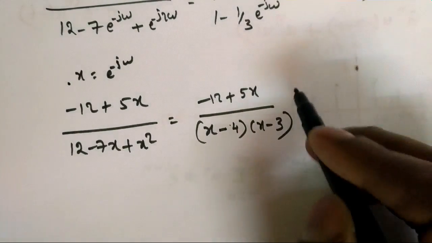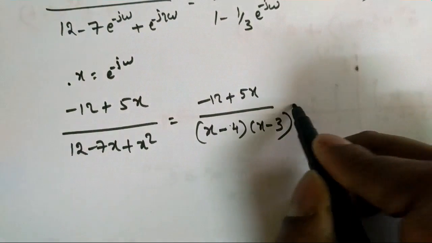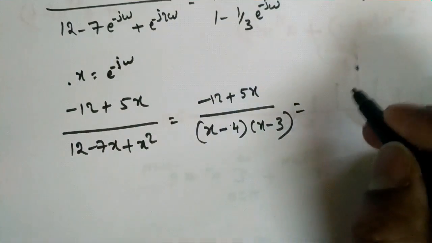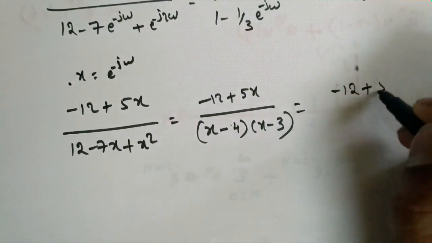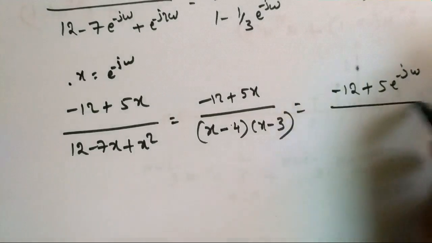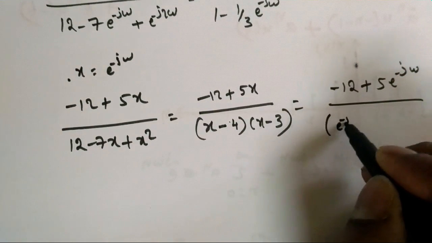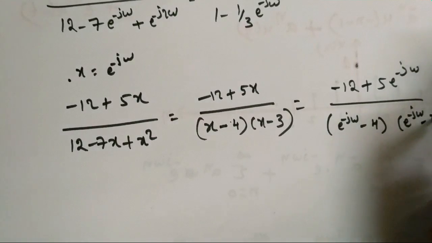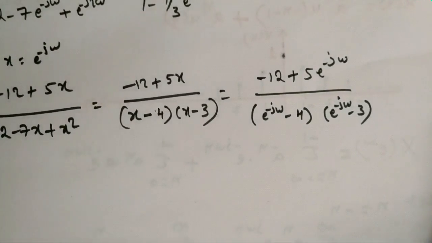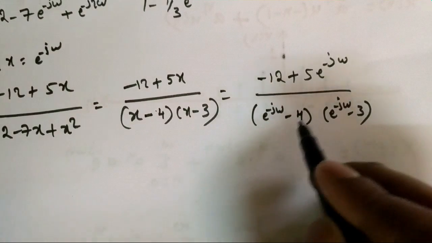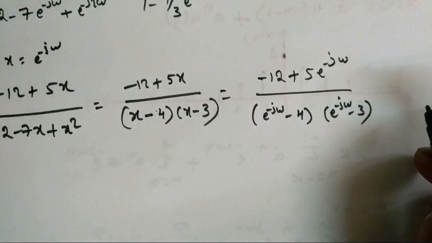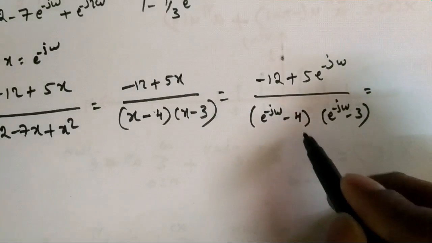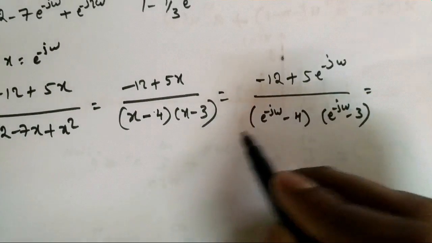So how to find the partial fraction? Now again replace x is equal to e^(-jω). So minus 12 plus 5e^(-jω) by e^(-jω) minus 4 into e^(-jω) minus 3. Right? Now, we don't require it in this form, we require the form 1 minus a e^(-jω), etc. So what we do, we'll take minus 4 common.